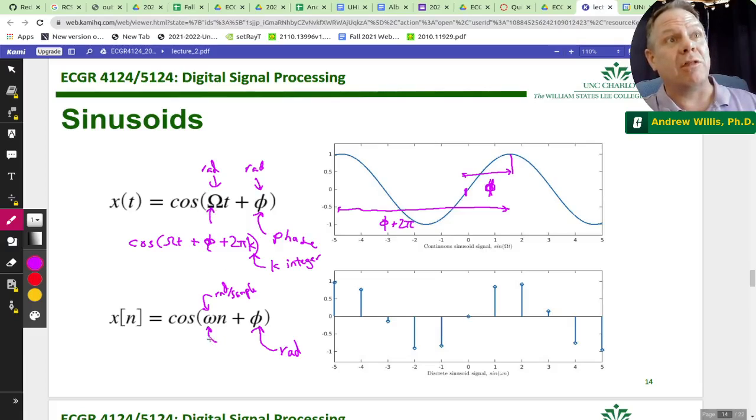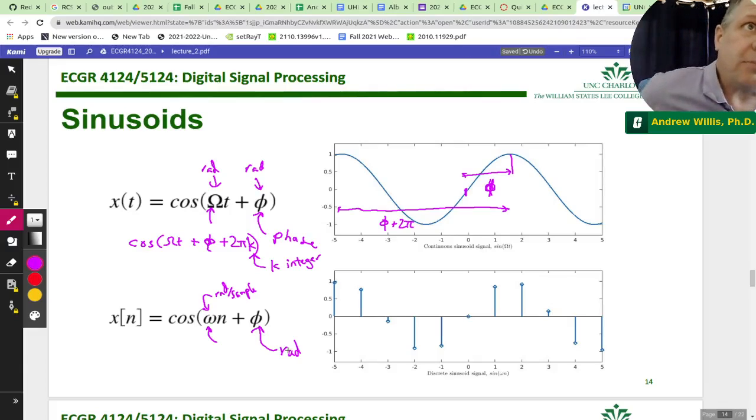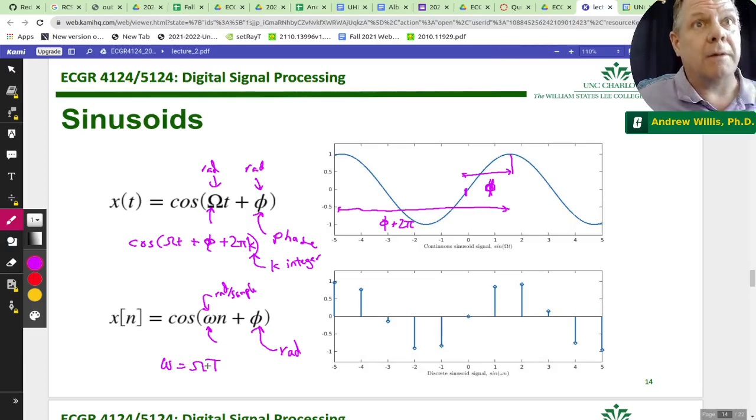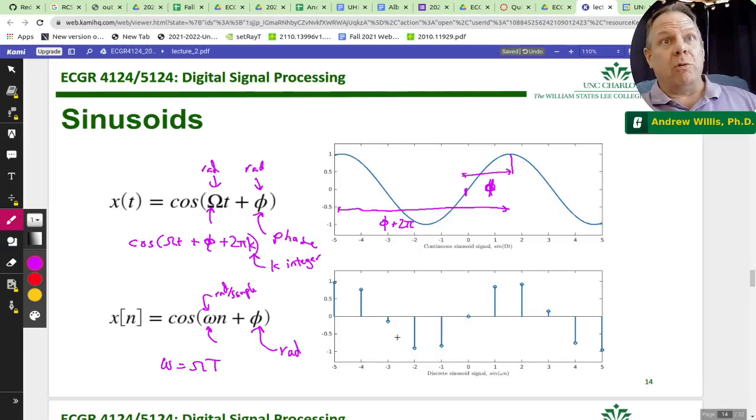This omega and this little omega are different by the relationship that little omega is equal to capital omega times the sample period. And this shows you a sampling of a cosine. So it's exactly the same paradigm that we had before. In this particular case, this is cosine so this is x of n, what you'll get by taking x of t and sampling it at locations t equal to n, where capital T is equal to 1.